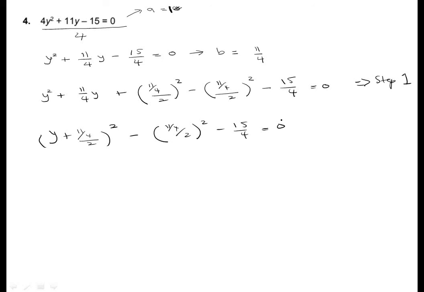Next we can start to simplify. 11 over 4 over 2 is 11 over 8 squared, and then we can bring these two constants to the right. So 11 over 4 over 2 is 11 over 8, and then the square of that value is 121 over 64.